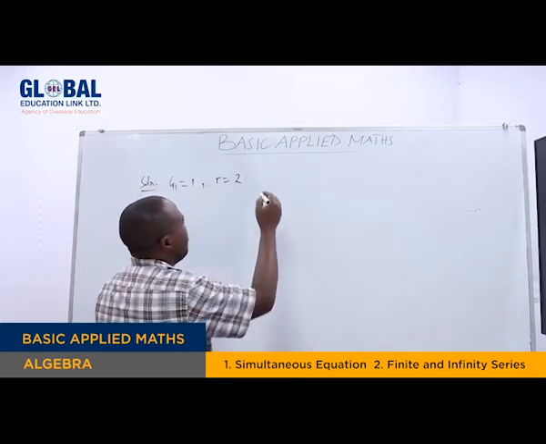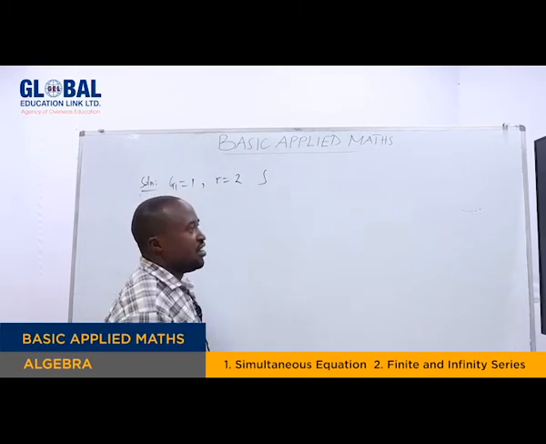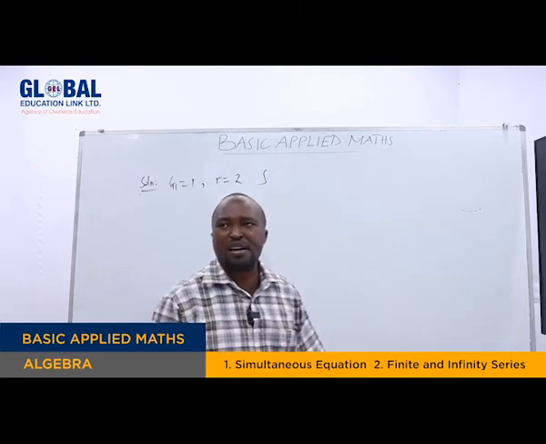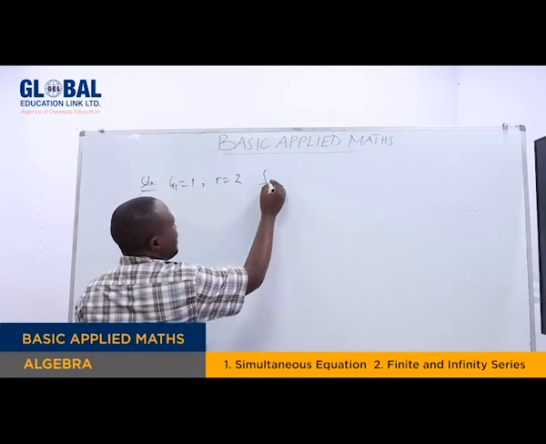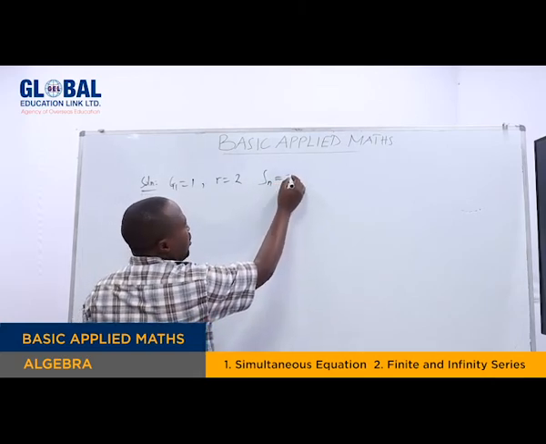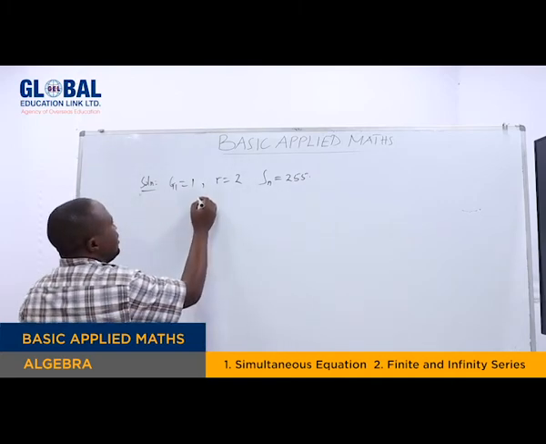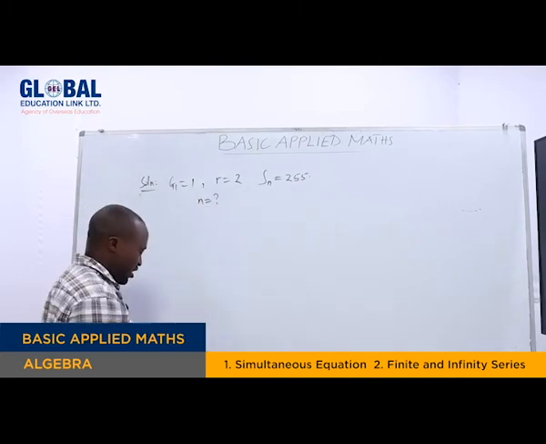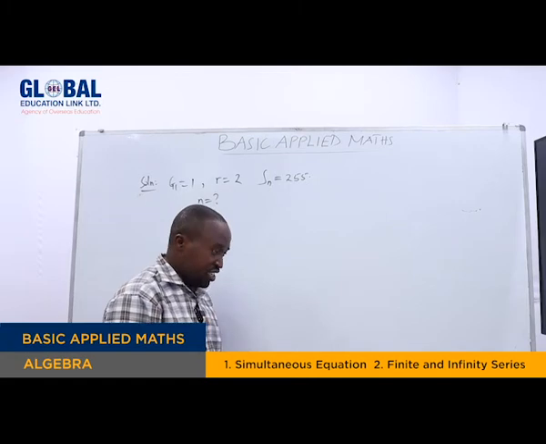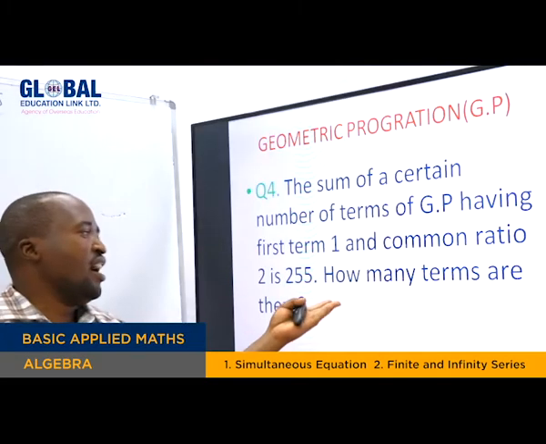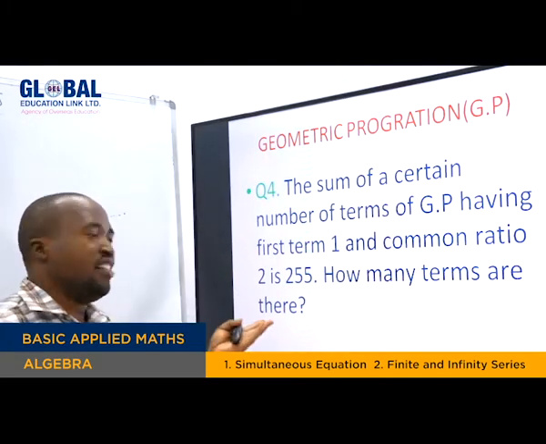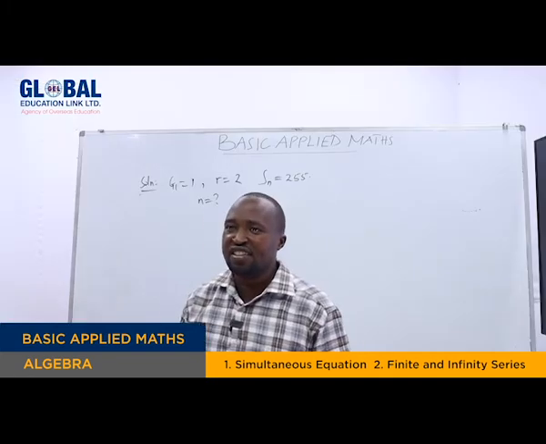The sum of a certain number of terms, the number is unknown, so call it N, is equal to 255. What is missing is N. The question says, how many terms are there? That means we are going to find the value of N.